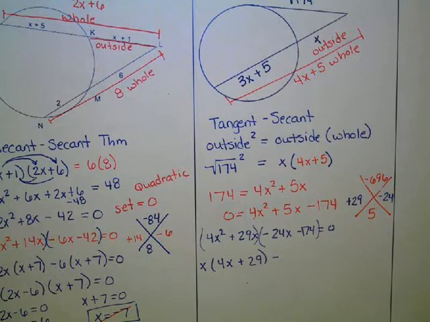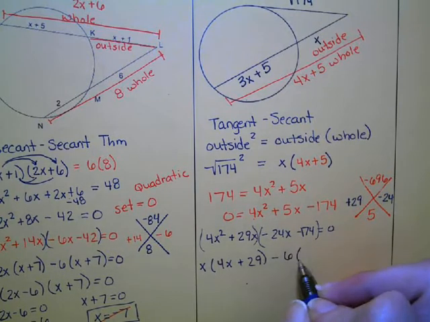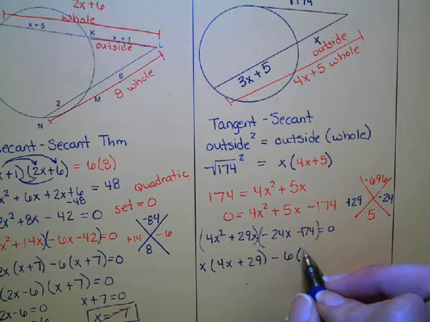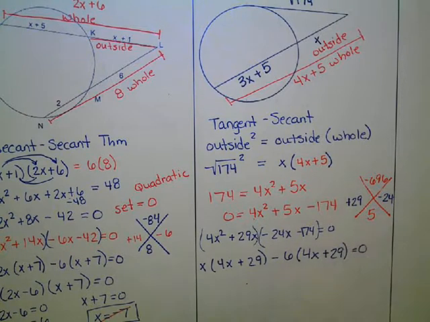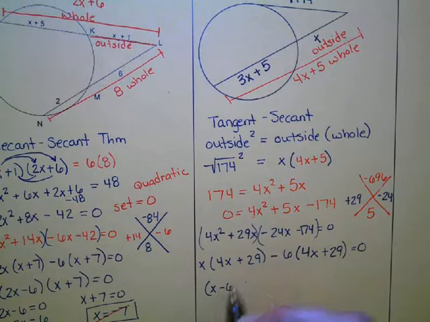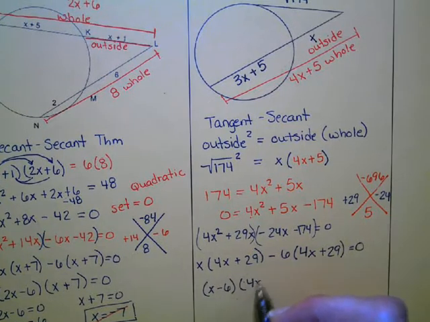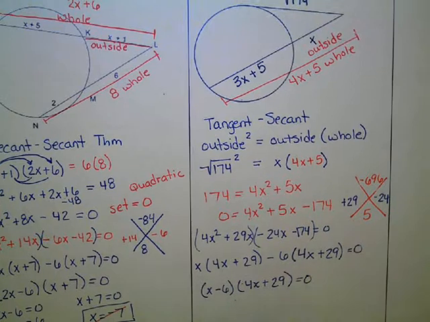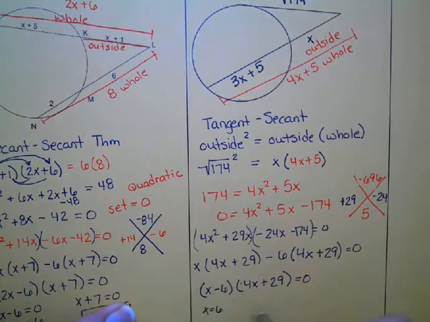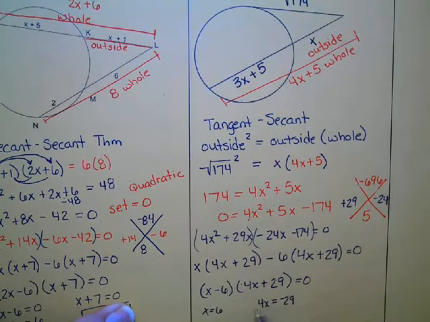So we're going to take out a negative 6, and that comes out to 4x plus 29. So one answer is x equals 6. The other answer, if I subtract 29, divide by 4, I get negative 7.25.